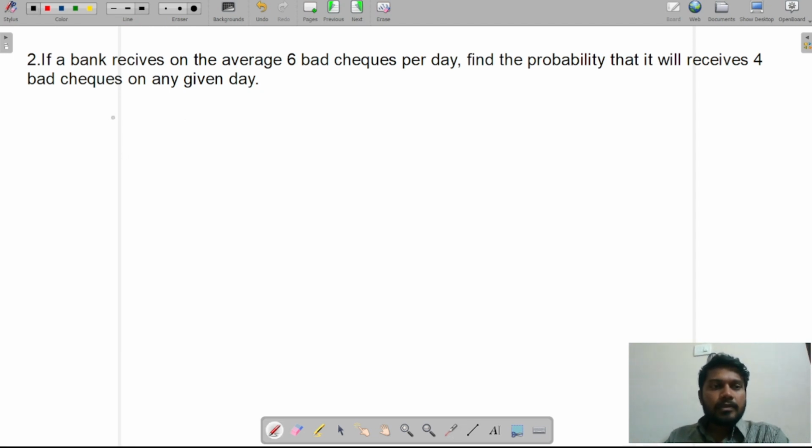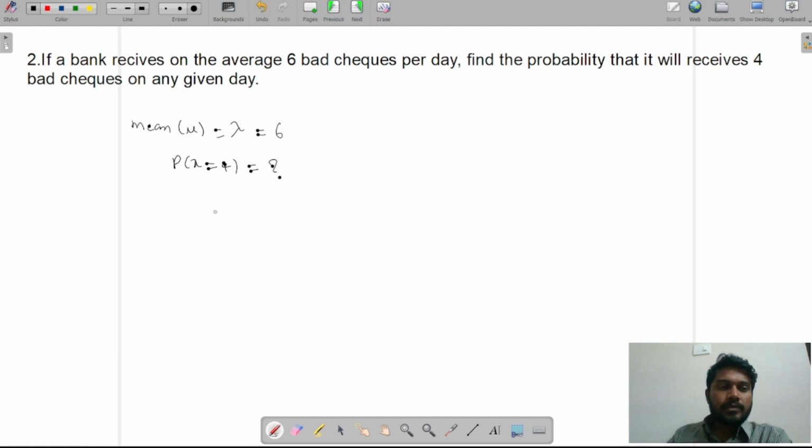The mean nu equal to lambda, and its value is given as 6. We have to find the probability that it will receive 4 bad checks, so can I say P of x equal to 4?